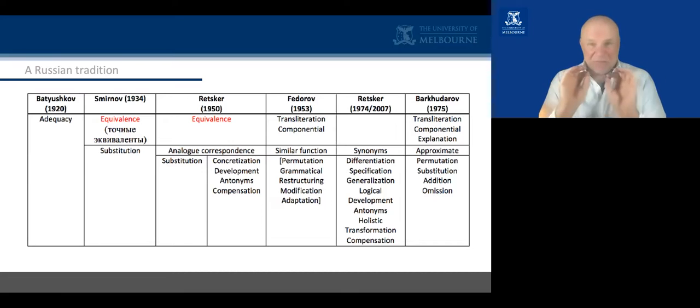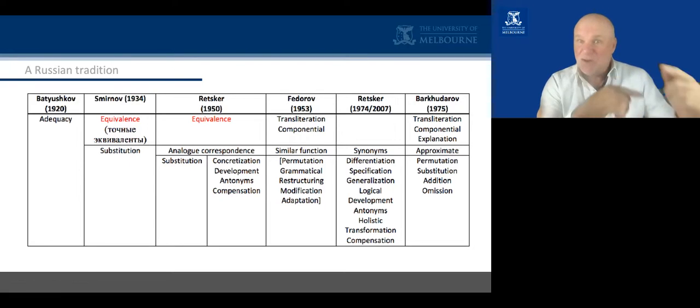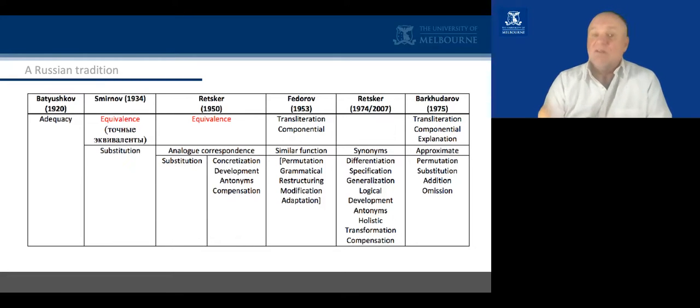For example, and this is the main example, the term equivalence, which you just saw in Nida, attached to functional, dynamic changing of the text, in a Russian tradition, which goes back to the 1930s, is used for the opposite. So if we go back here to 1934, we see that equivalence, or its Russian term, is used for when the text does not change. And that's opposed to substitution, which is when you replace things in the text.